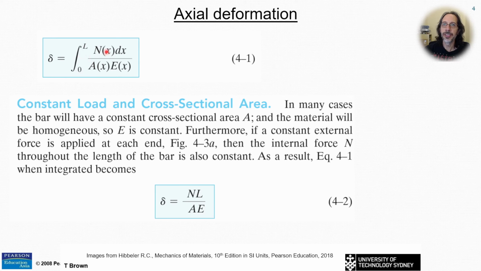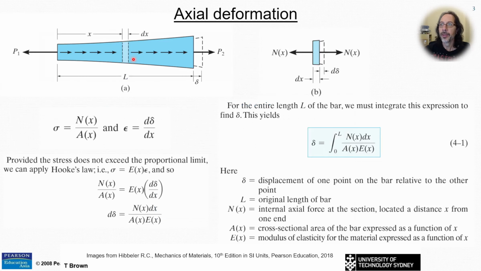It's not a function of x anymore. We can take the area out the front of the integral because it's not a function of x anymore. And if the material doesn't change through the length of the component, then we can take that out the front of the integral as well. So all we would be left with is integral dx, adding up all of the little dx's that we saw in that previous diagram. If we add up all of these little dx's, we get our total length L.